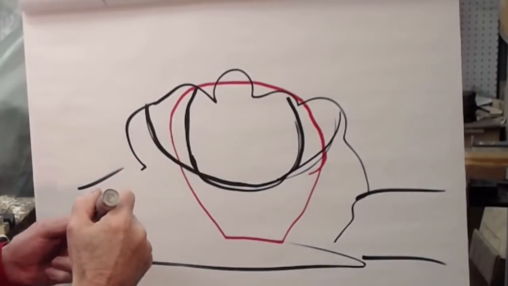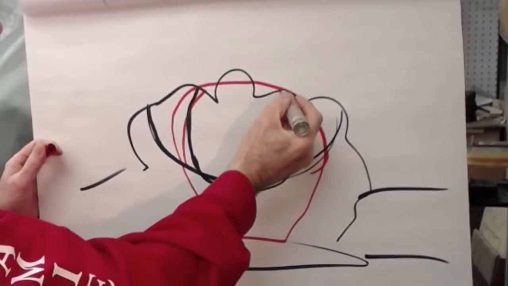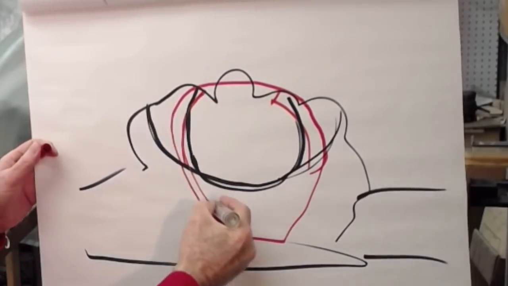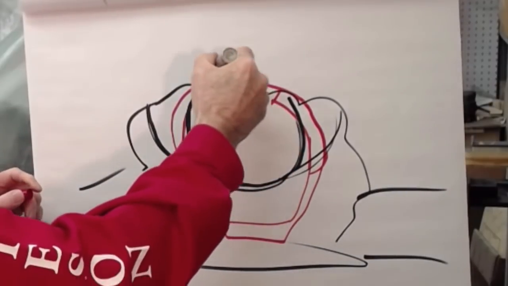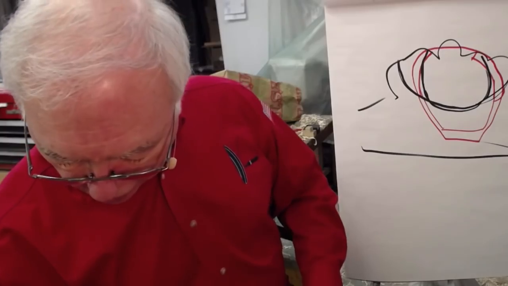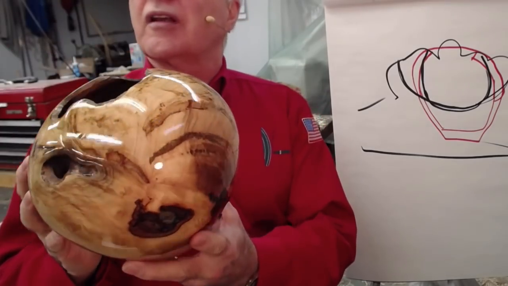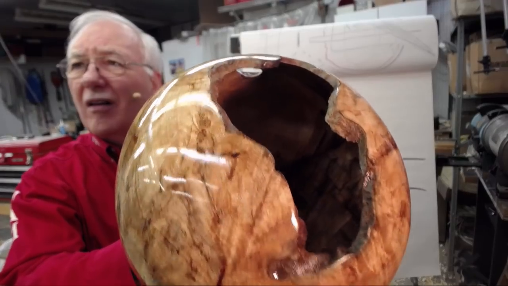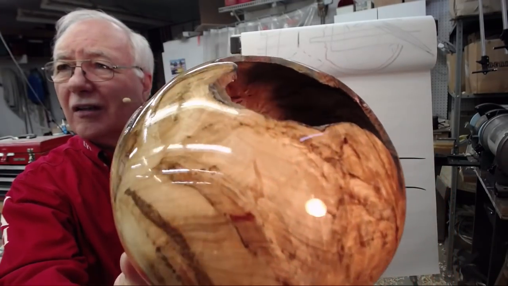And so actually, probably from about here on is going to be my natural edge with the void being an odd shape. Okay, so this is what we're going to end up with, something like this. So the void now is my mouth opening. I don't have a round hole here where the entry hole is.